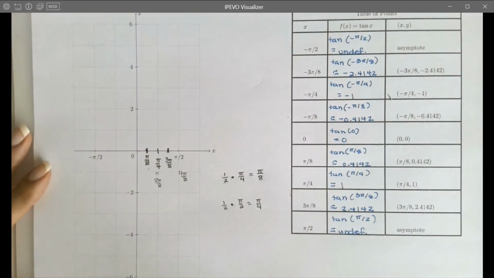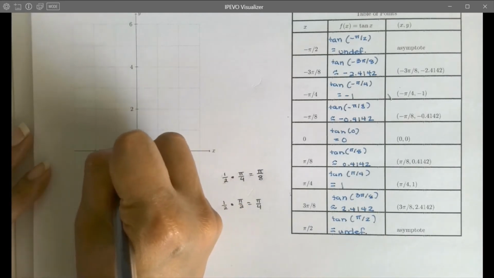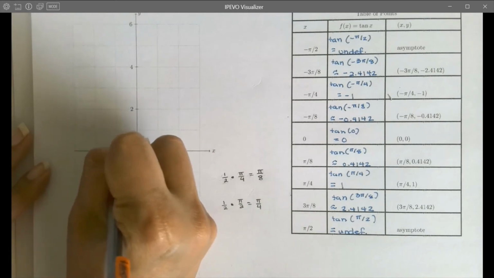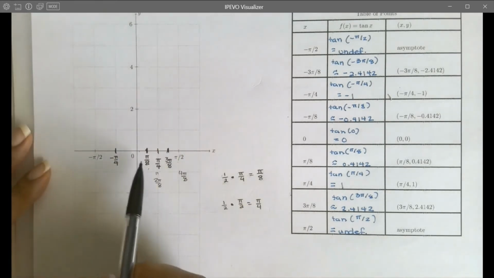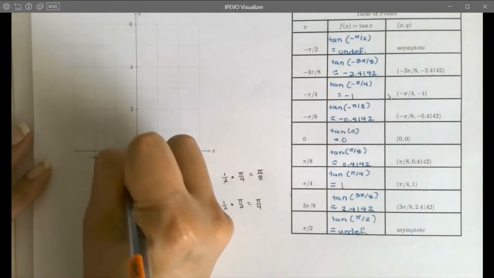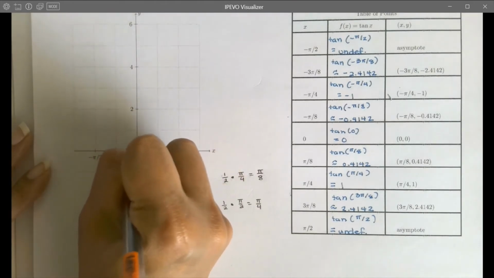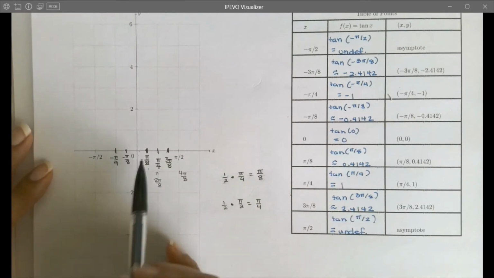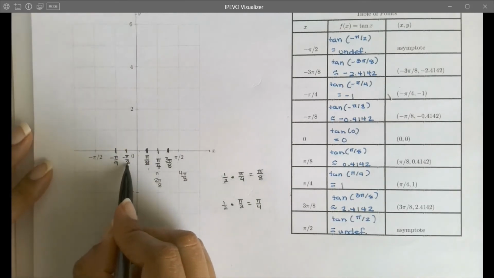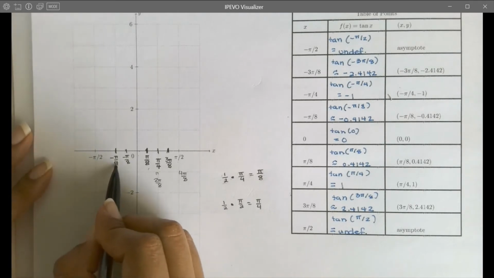Now if we go into the negative direction, halfway between 0 and negative pi over 2 would be negative pi over 4. And halfway between 0 and negative pi over 4, we would get negative pi over 8. Again, it's a matter of counting. This is negative 1 pi over 8, negative 2 pi over 8.